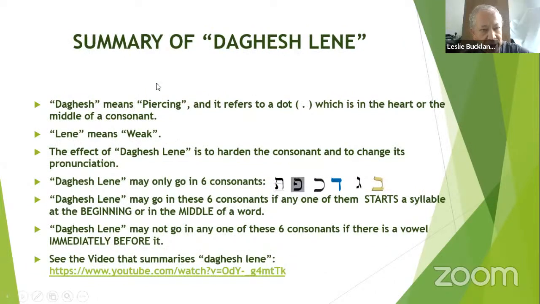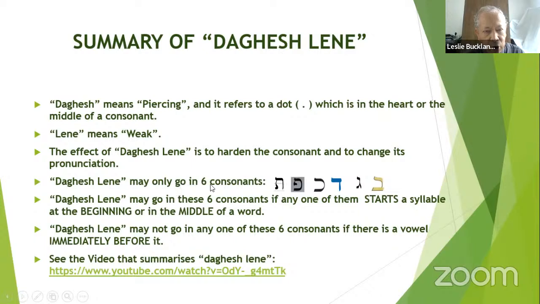Okay, let us look at a summary of this. Dagesh means piercing, and it refers to a dot which is in the heart or the middle of a consonant. Lene means weak. The effect of dagesh lene is to harden the consonant and to change its pronunciation.